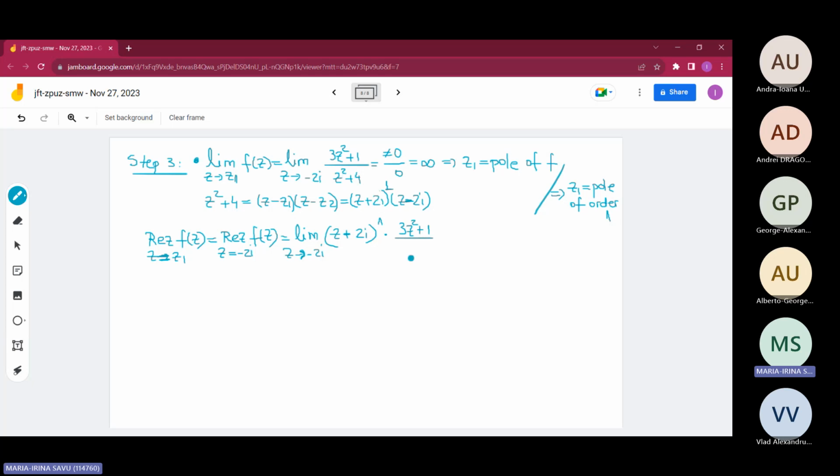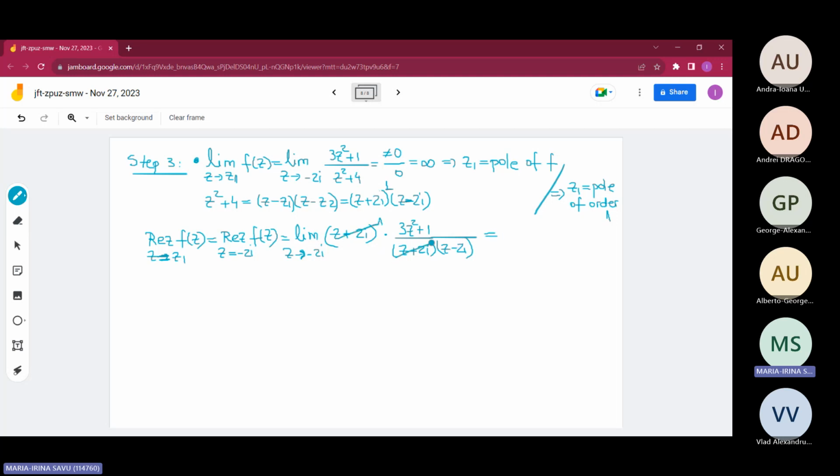But here, I won't write z squared plus 4. I will write this expression. So I have z plus 2i times z minus 2i. You don't have to compute the derivative of this function because the order of the derivative is 0. So you have just the function.